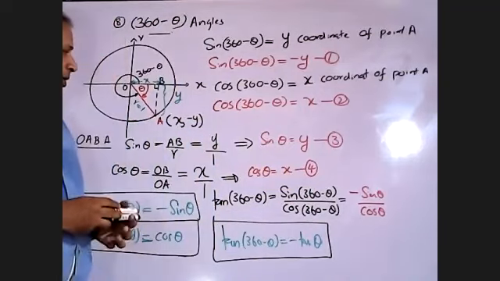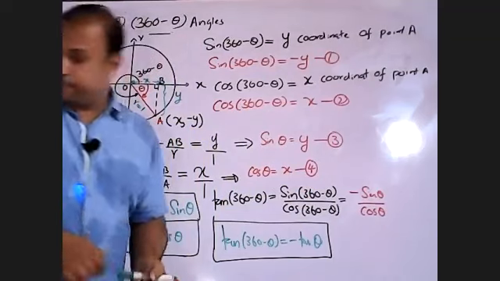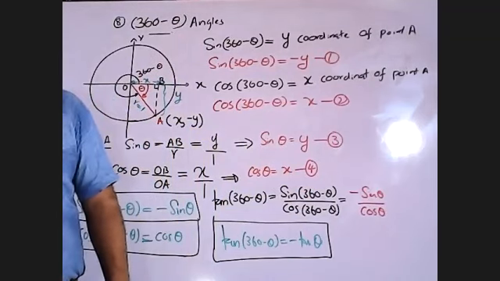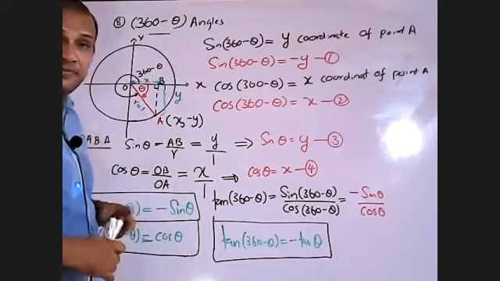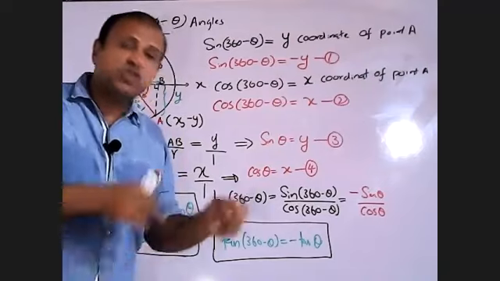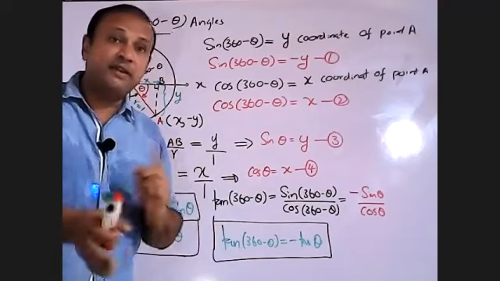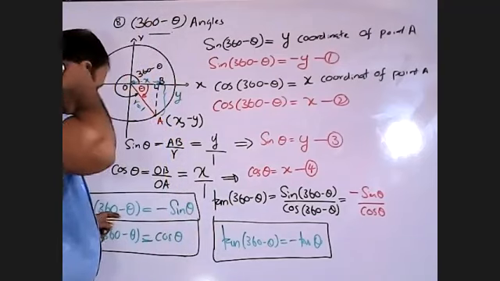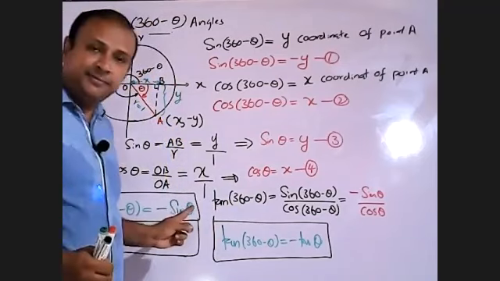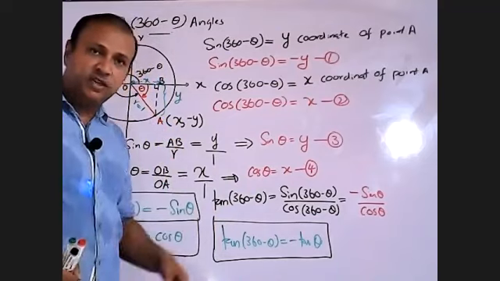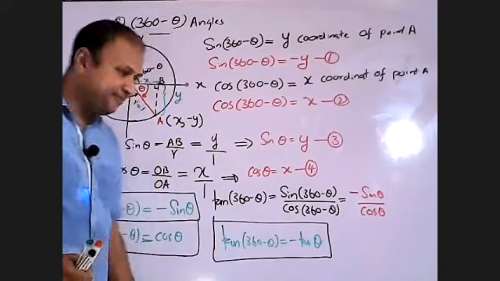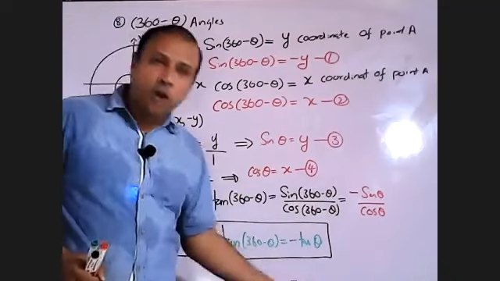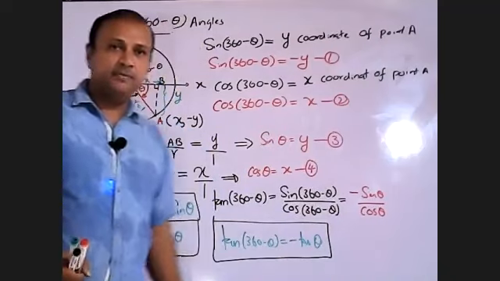Now, when the angle is combined with 270, sin changes into cos, cos becomes sin, and tan becomes cot, 1 over tan.